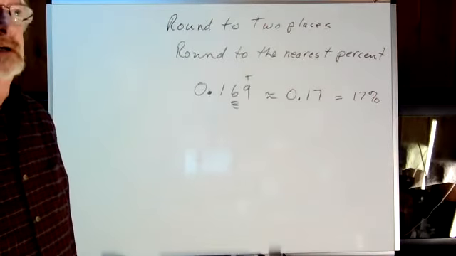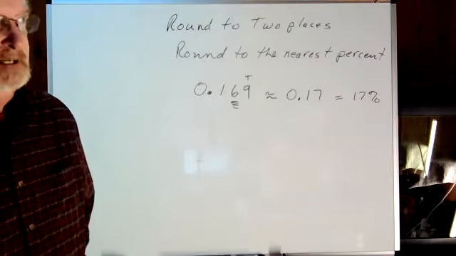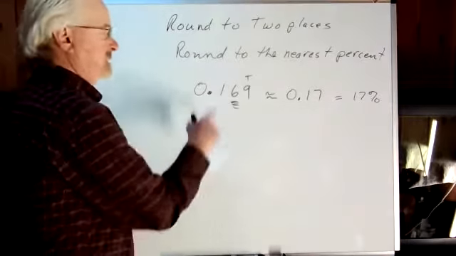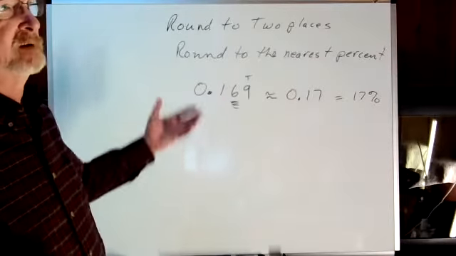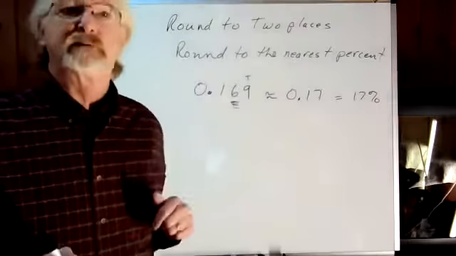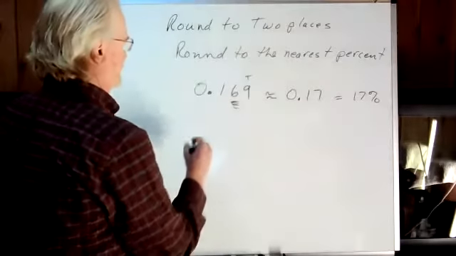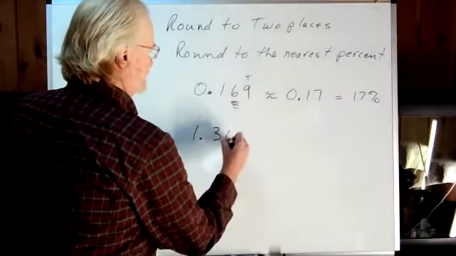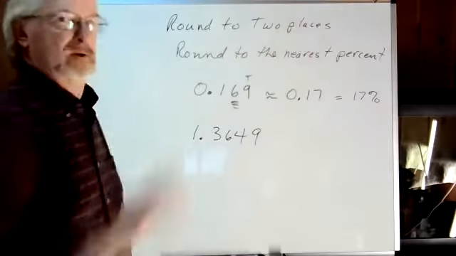Now, sometimes you'll be told to round to the nearest percent. And you really want to deal with that kind of question or requirement when you're still in decimal form. Round to the nearest percent, just like I did here. If I have 1.3649, who knows what's going on.